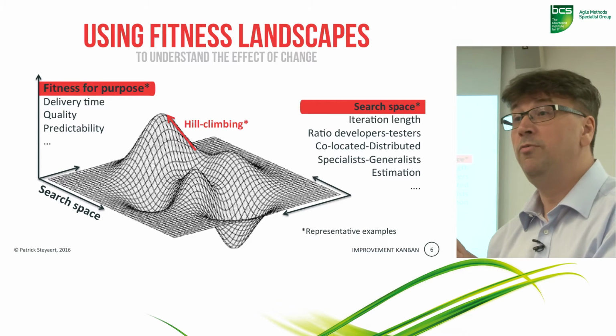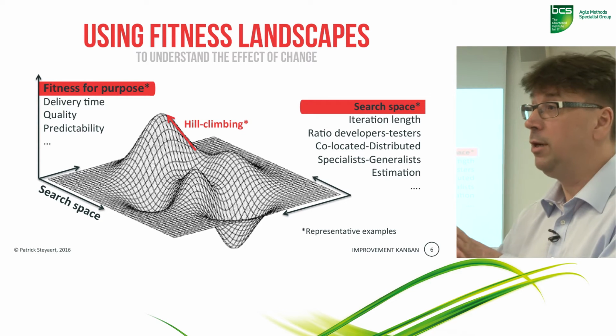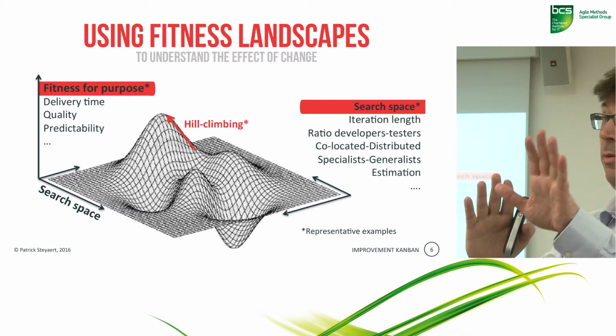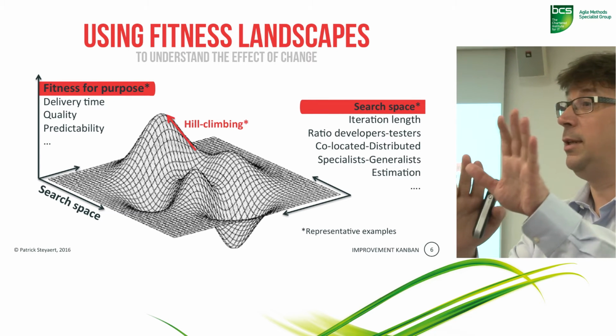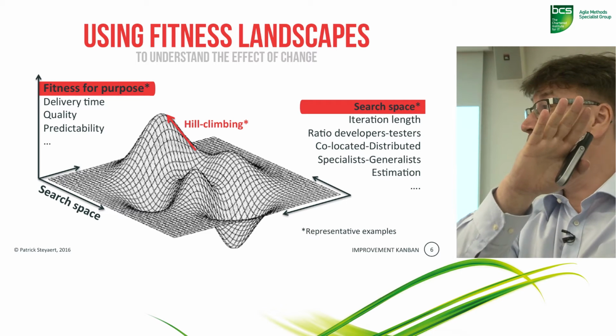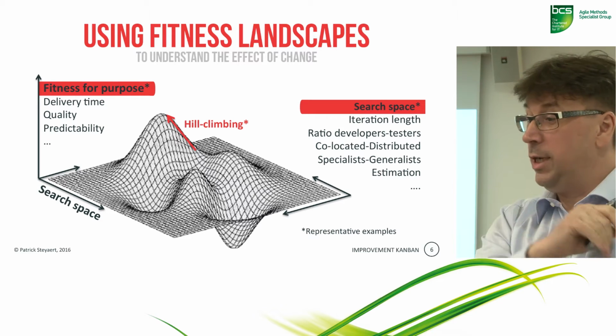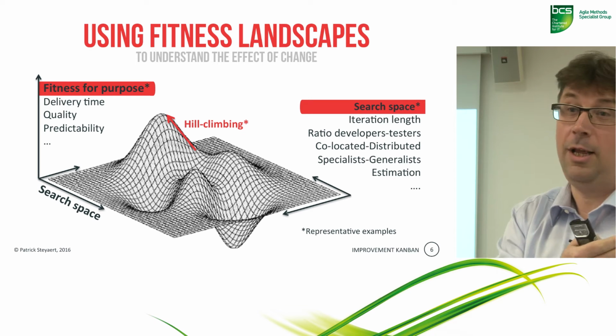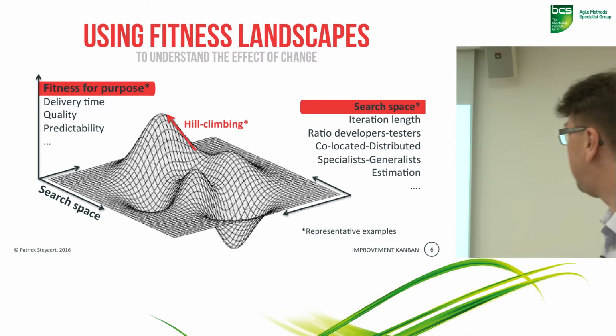One particular movement can be following the gradient or the slope of the landscape. So moving in a direction, seeing whether you're moving up. If you're moving up, you keep on moving up until you reach the top. Okay, so that's hill climbing.